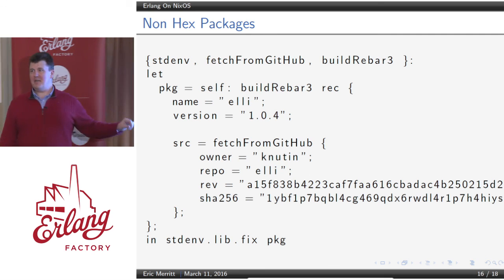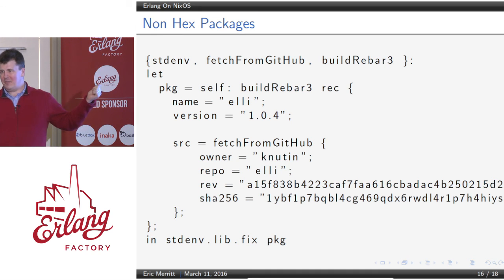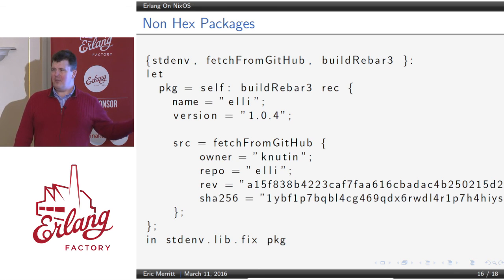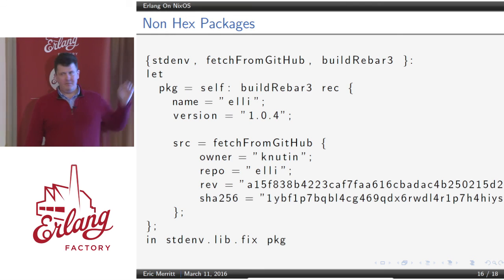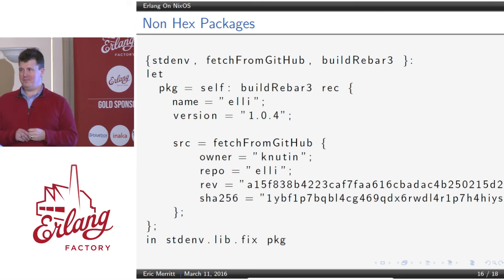Now, this is not the same as the cryptographic hash we saw earlier, but it does roll into that cryptographic hash. It ensures that the tarball we get, just like any kind of hash, is the tarball we expect to get. And then the Rebar 3 does the right thing for your world.